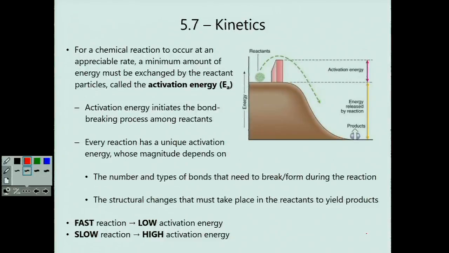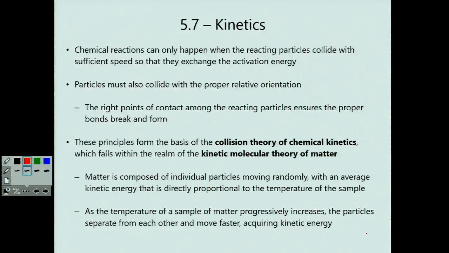It's going to take a lot more work, a lot more energy for you to be able to get over that hump, that barrier, right? So that means that it's going to make the process slower. So slow processes have high activation energies, and as we've said, fast processes have low activation energies.